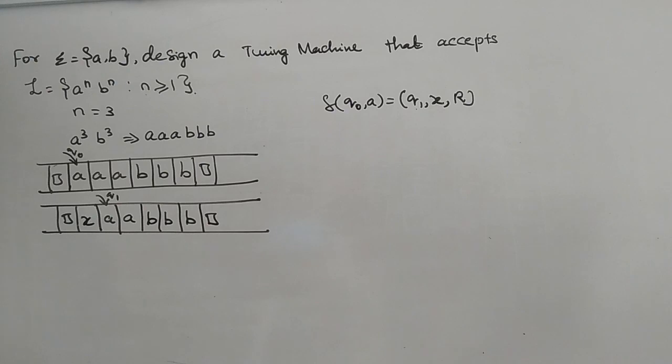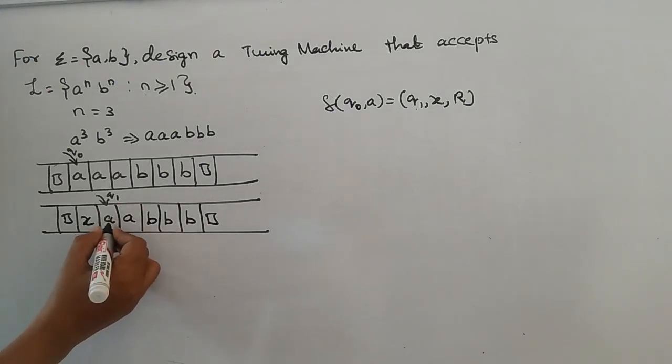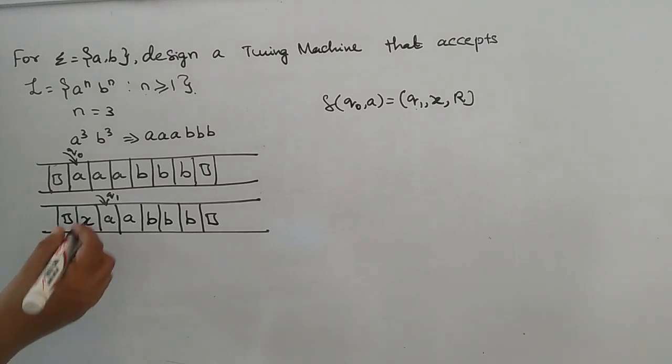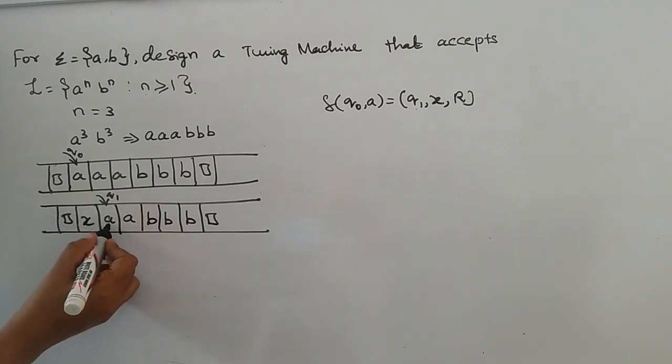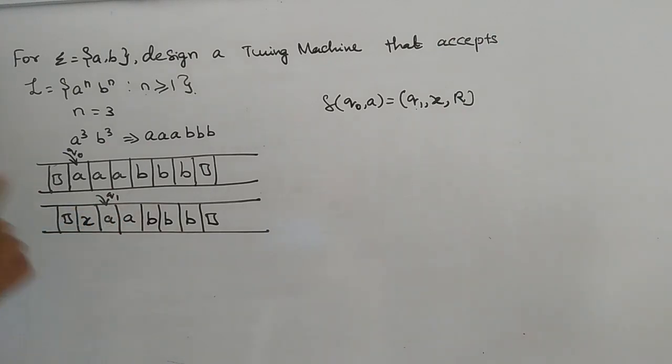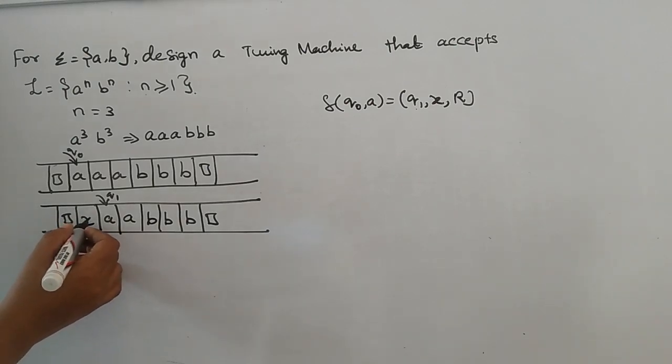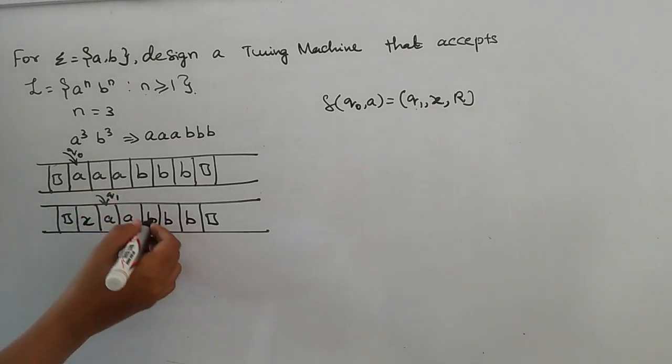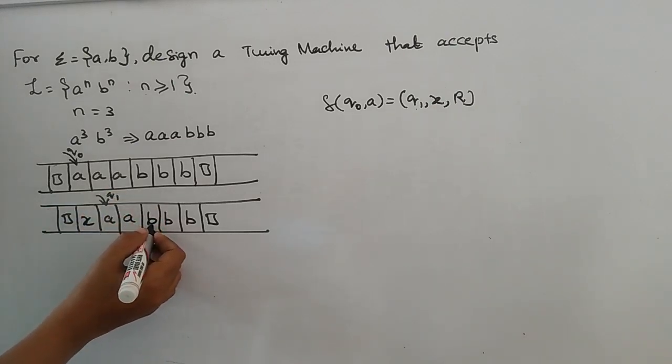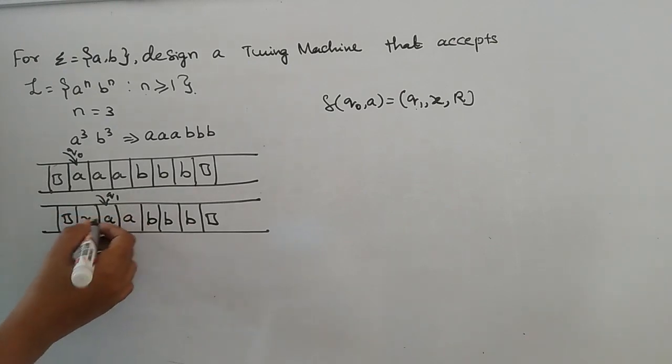Now if the read write head is pointing to the symbol a, I am not supposed to change it to the symbol X. The reason is that once I have changed an a to X, I should balance it with a b, and only then can I change the next one.